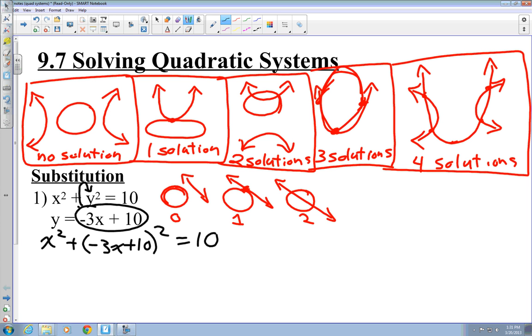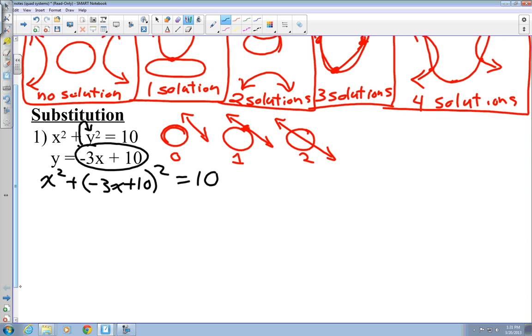equals 10. Now when you square a binomial, you have to FOIL it. It's not just square the first one, square the second one. If you remember how to do the shortcut, you can use it. I'm going to use the shortcut, remind you about it. If you don't remember that, you better put it on the side and FOIL it out. So I've got x squared plus, the shortcut goes like this.